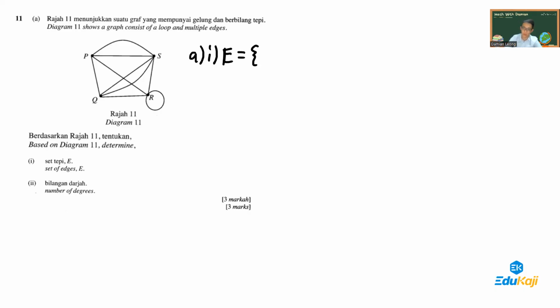Use a pencil so you can erase after. So I have PQ, PR, PS, that's 2. I have to write that twice.